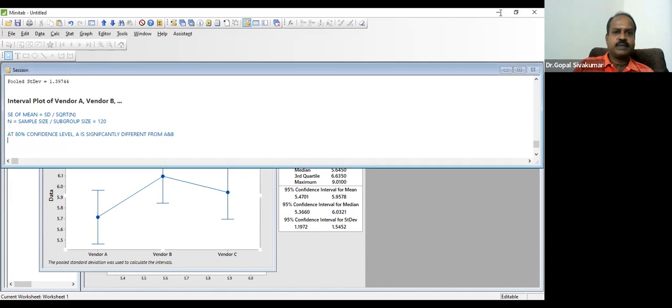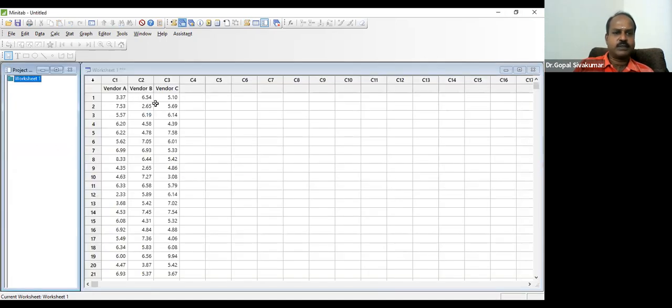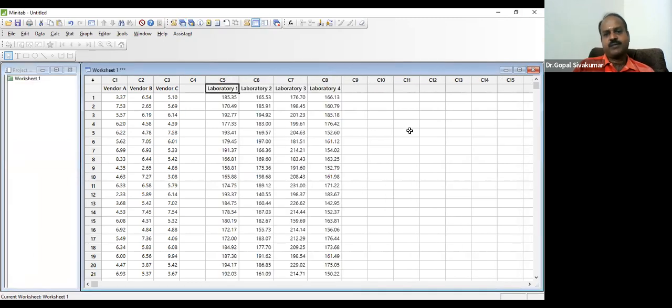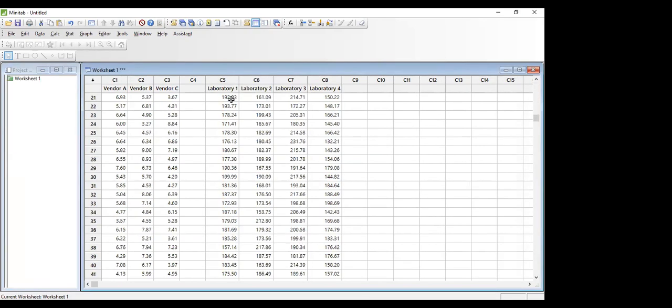So I'm in the Minitab screen now, going to the worksheet. Let me paste the data. All of you can see my worksheet, laboratory 1, laboratory 2, lab 3, and lab 4 data. Please confirm, right?